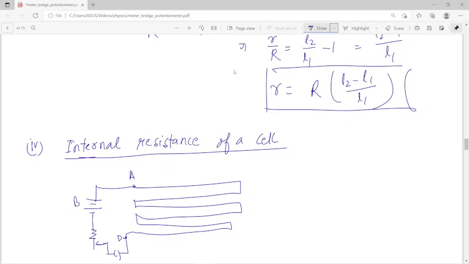From this point A there is the EMF of the cell.